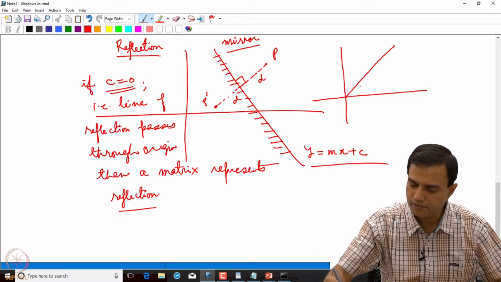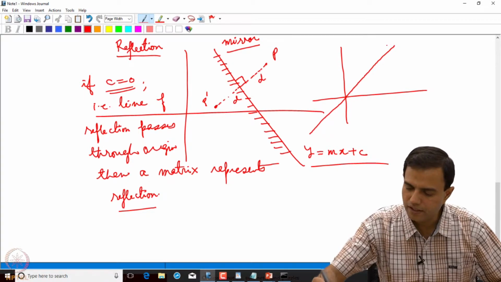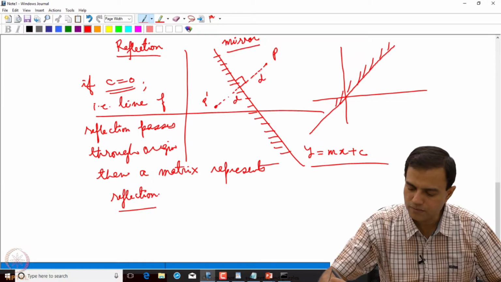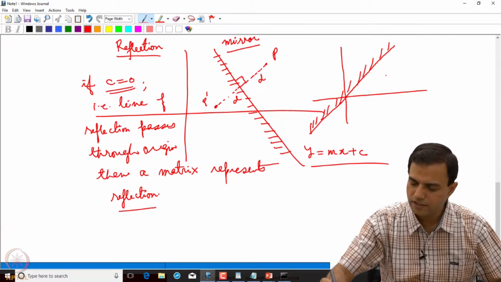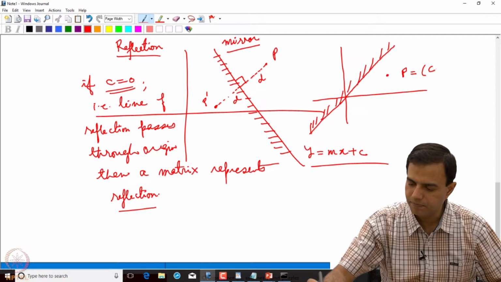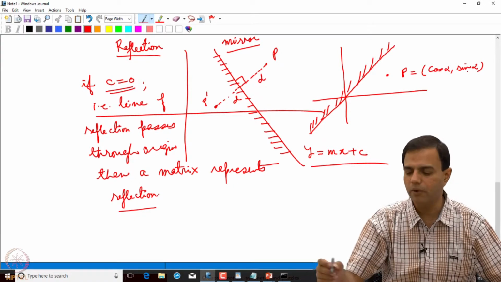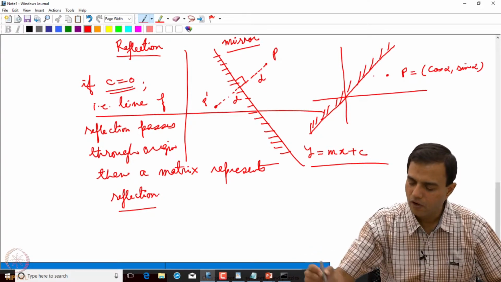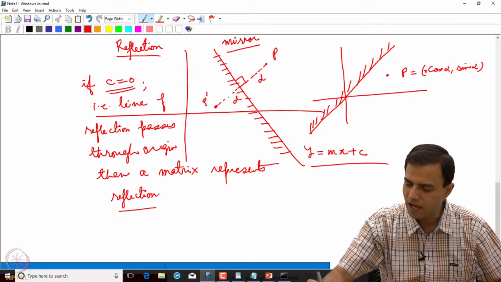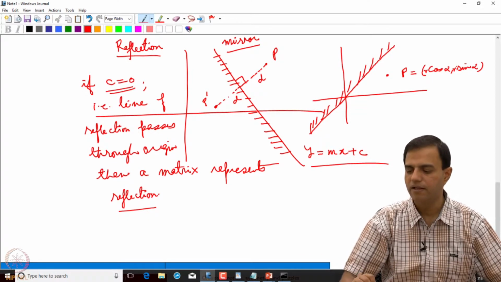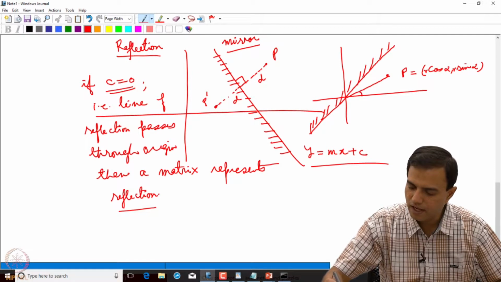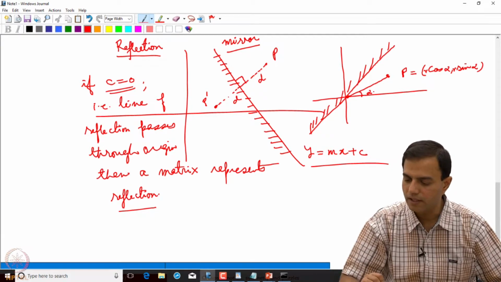So for example, suppose this is our mirror, a line through which we are supposed to find reflections, and suppose this is a point, say P. Let me write this point P as r cos alpha, r sin alpha, so that this is angle alpha and the distance of point P from origin is r.